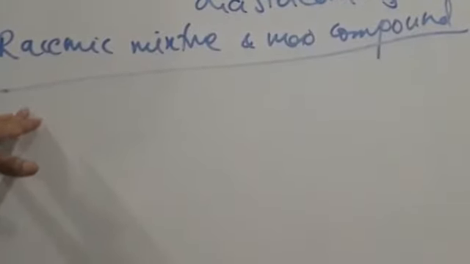Even though it has chiral carbon, no optical activity is observed in that compound, though we know that chiral carbon is responsible for optical activity. Such types of compounds are meso compounds.